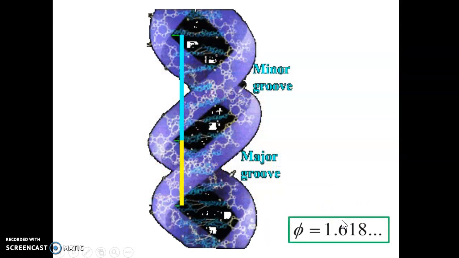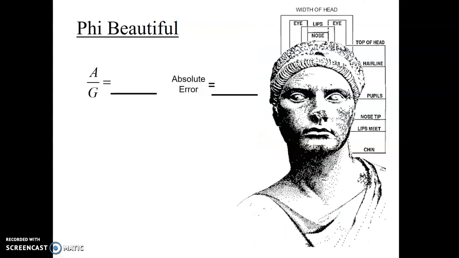In DNA, all right? So much so that the Greeks, and this might be a little bit messed up, believed in the golden ratio to determine beauty, all right? If A is the length from the top of the head to the chin, and G is the width of the head, right? And so if you got close to that golden ratio, you were considered quote unquote beautiful, all right?